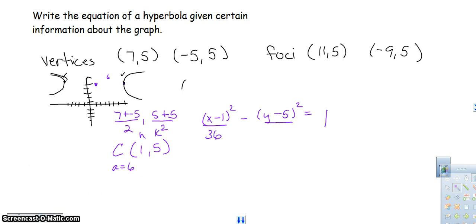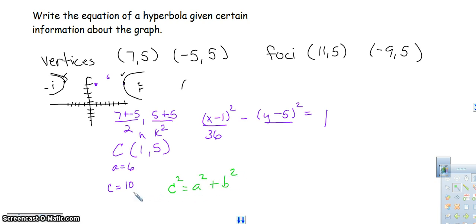Now my foci are at 11, 5 and negative 9, 5. That tells me little c, the distance from the center to the focus. From 1 to 11 is 10, so little c is 10. For a hyperbola, c squared equals a squared plus b squared.